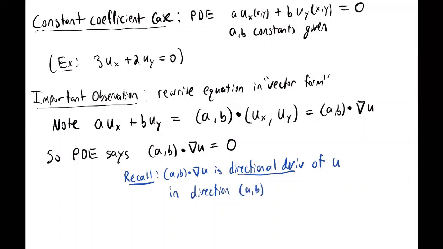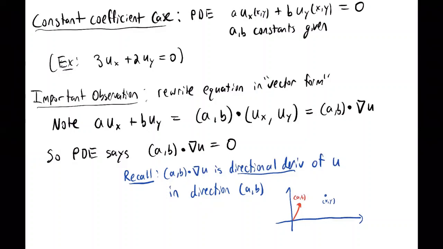So in particular, let's say I pick a particular point x comma y, and let's say a comma b is over here, right? So this is the point we were given. Well, if I'm at this point x comma y, and I move in the direction given by the vector a comma b, this quantity measures the rate of change of my function in that particular direction, right?